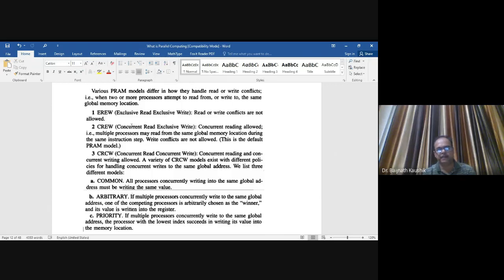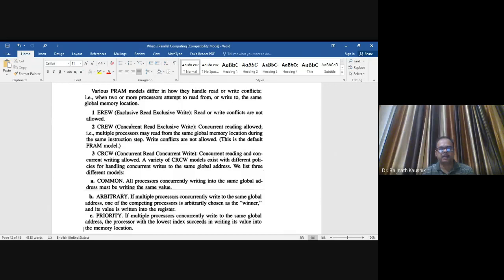The third type of PRAM is CRCW, concurrent read and concurrent write. In this model, concurrent reading is allowed and concurrent writing is also allowed.